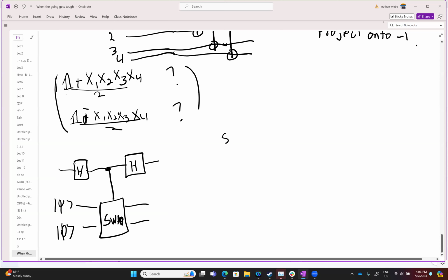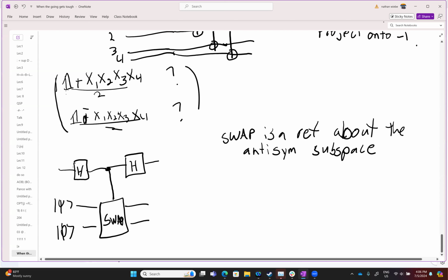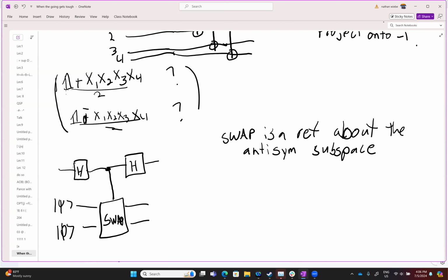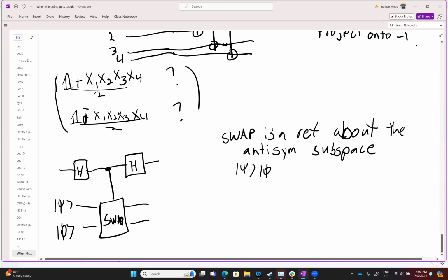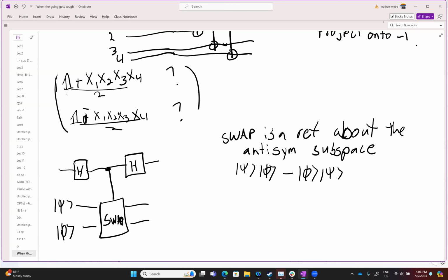Now, the swap is a reflection about the anti-symmetric subspace, meaning that if we ended up having two states of the form psi phi, and we put a minus phi psi here, this would be an example of a state that's in the anti-symmetric subspace and is clearly a -1 eigenvector of the swap operation.